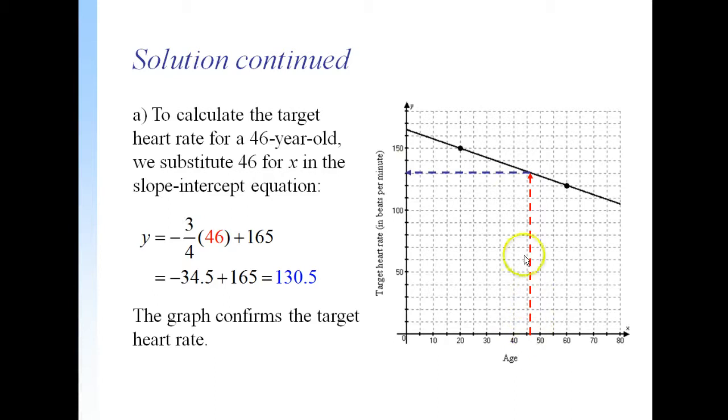Now, if you notice what we did, we had made that line and we said it's going to be about 130. Well, if you put 46 into that formula, you actually get the exact reading, 130.5.